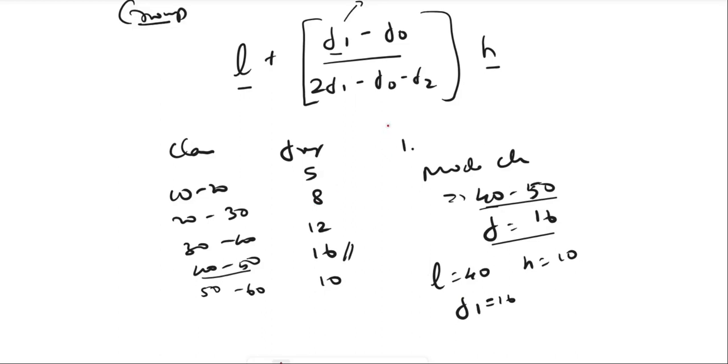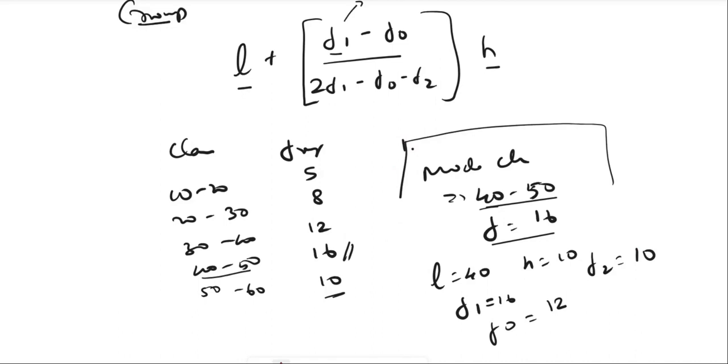What about F0 and F2? F0 is the preceding class frequency, exactly 12, and F2 is the succeeding class frequency, that is 10. We apply all these values to the formula.